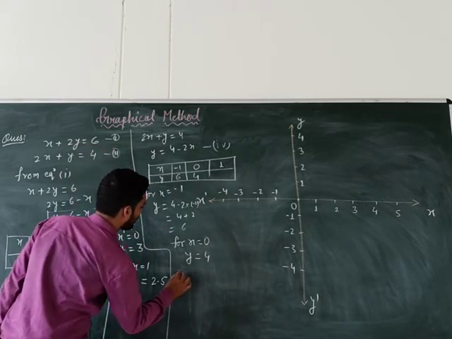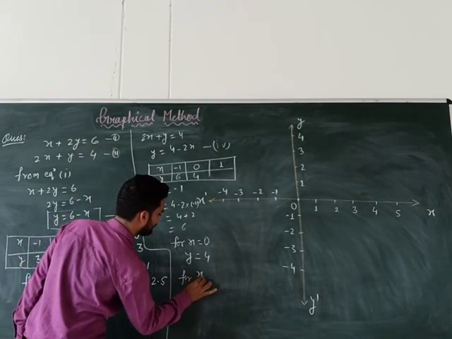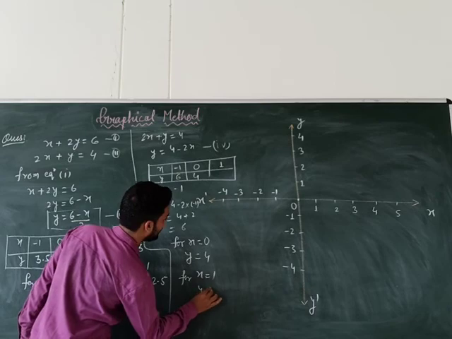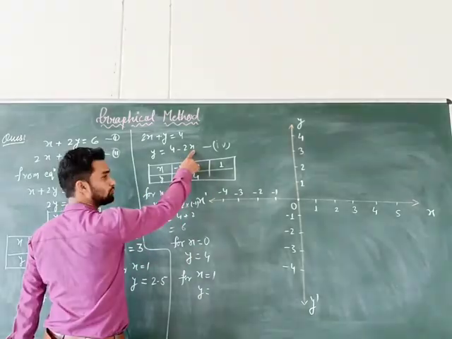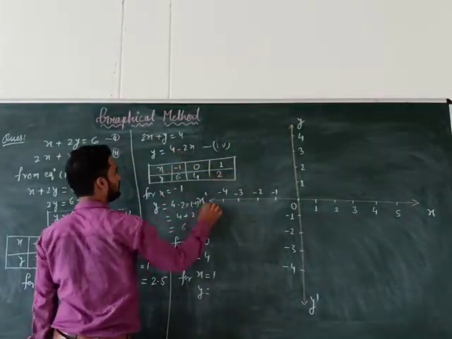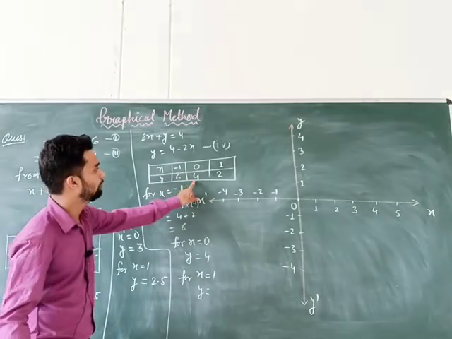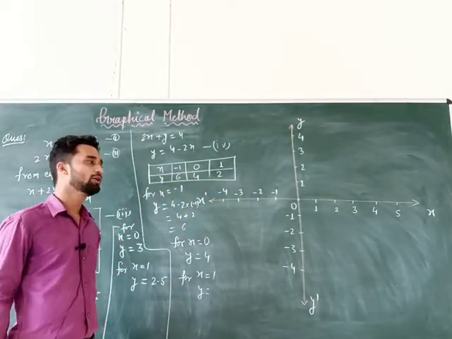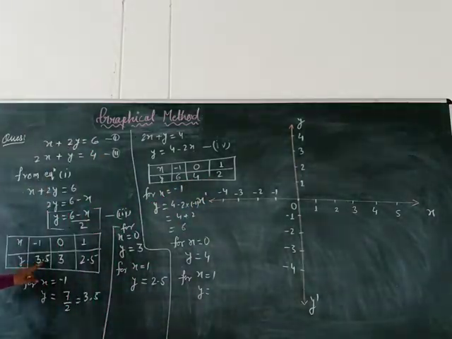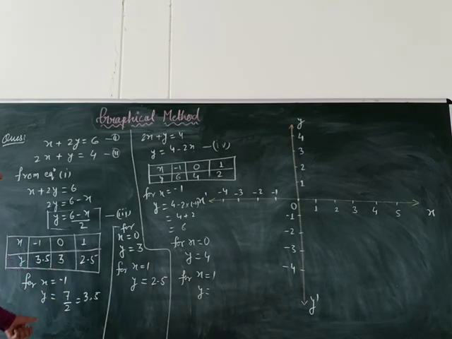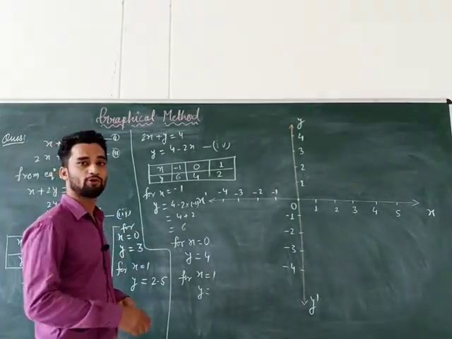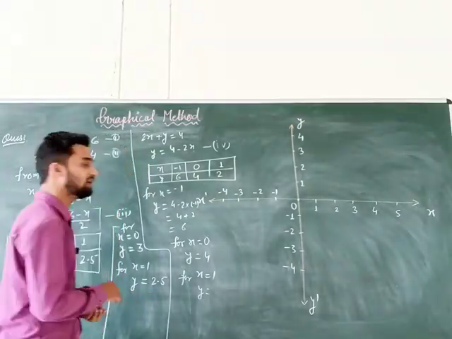And now for x equal to 1, y will be 2 into 1, 2, 4 minus 2 will be 2. Already you can see 6, 4, 2, it is decreasing by 2, and here 3.5, 3, 2.5, here it was decreasing by 0.5.